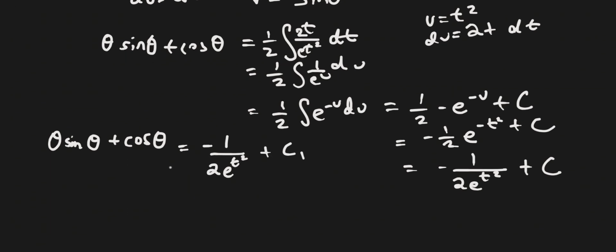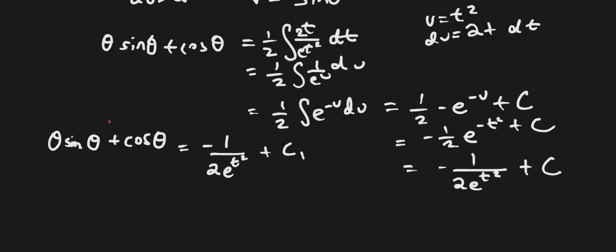Okay, all right. So now what do we have to do? Well, we can try to isolate a variable, but we don't necessarily have to do that. We can always say this is a solution to our differential equation.